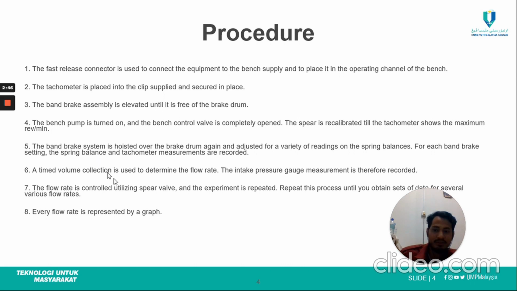The flow rate is controlled utilizing the spear valve, and the experiment is repeated. This process is repeated until we obtain a set of data for several different flow rates. Every flow rate is represented by a graph. So that is the procedure in this experiment.